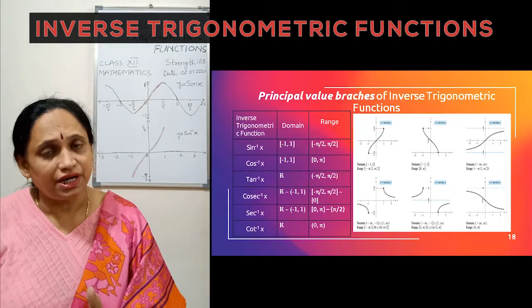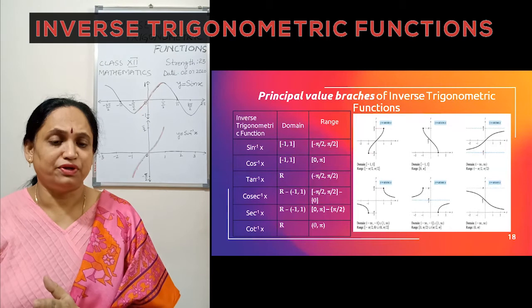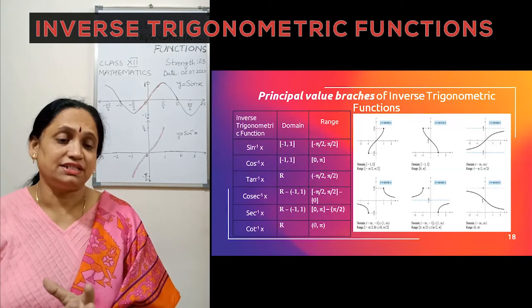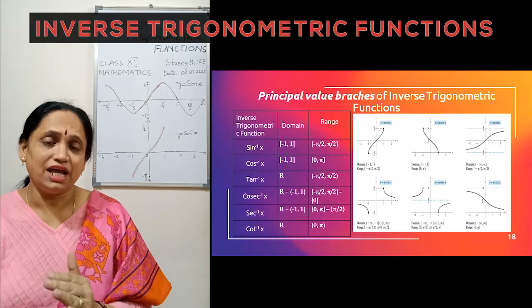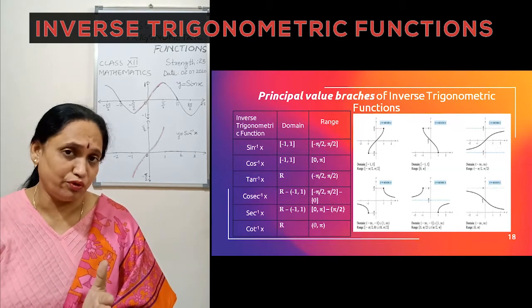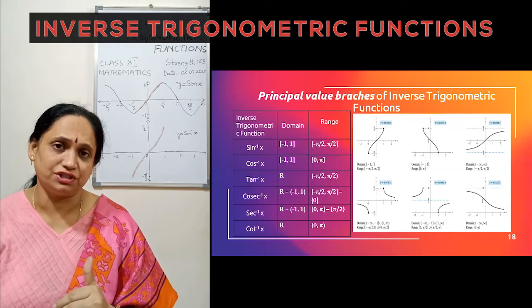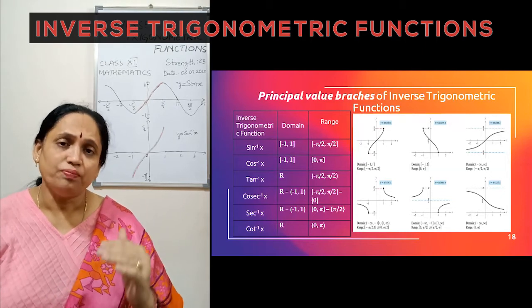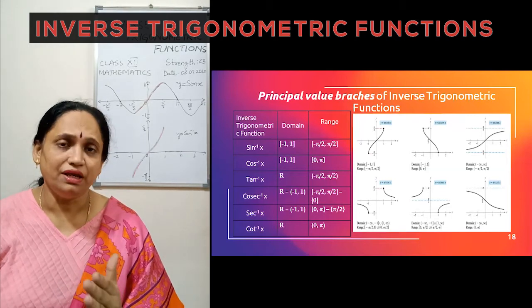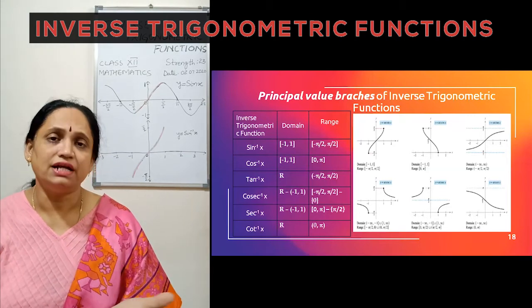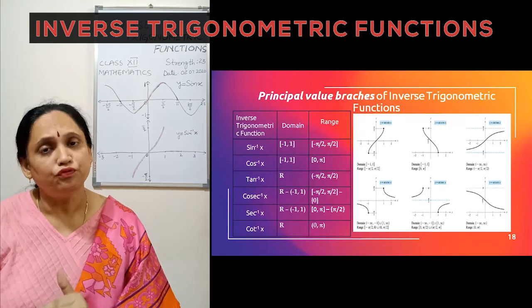When you look at the range of the sine inverse function, it is -π/2 to +π/2. So it tells you that it is covered in the first and the fourth quadrant. The angles in the first quadrant are positive and the angles in the fourth quadrant are negative. So sine inverse of a positive number would be an angle in the first quadrant and sine inverse of a negative number would be an angle in the fourth quadrant.